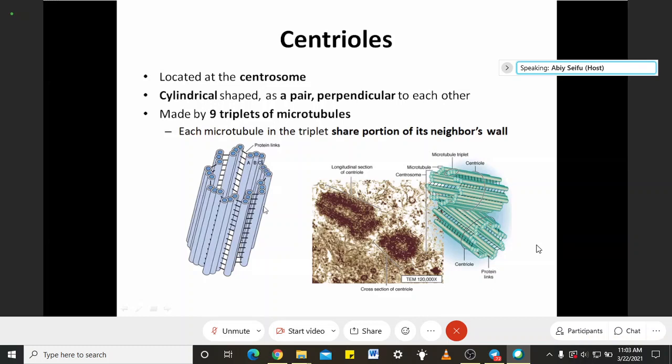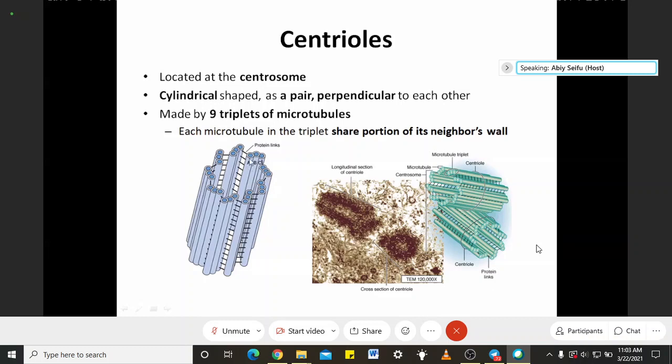One triplet can be identified: the innermost one is A, the middle one is B, the last one at the periphery is C. Each one of these is a microtubule. So you can expect in one centriole 9 times 3, 27 microtubules, disposed as triplets peripherally, linked one with another by several proteins to give you one centriole.